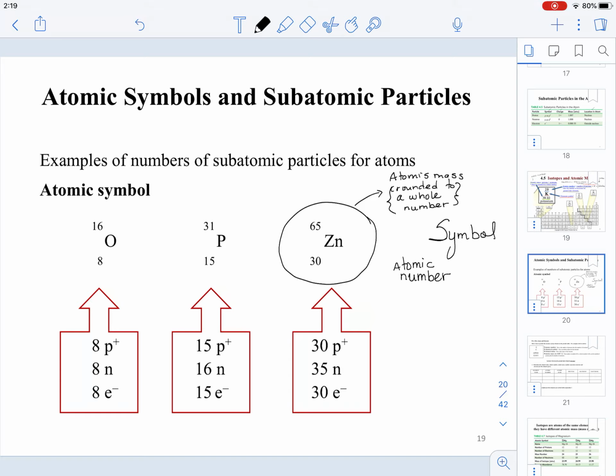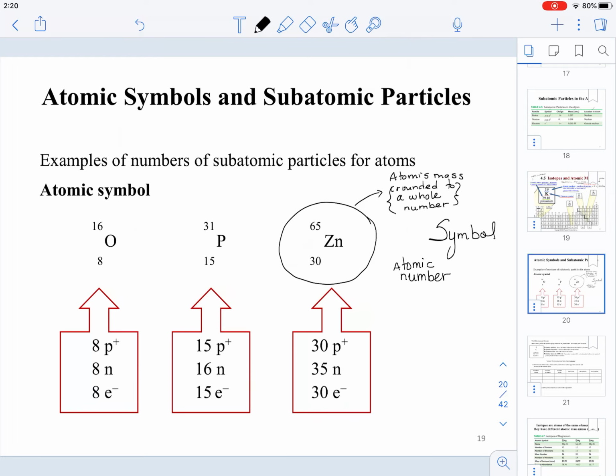As you can see, and as I just explained in the previous slide, if you're given the isotopic notation, you can easily determine the number of protons, neutrons, and electrons. In order to discuss this, I'm going to deal with the first example that we have here, which is oxygen. O is oxygen.